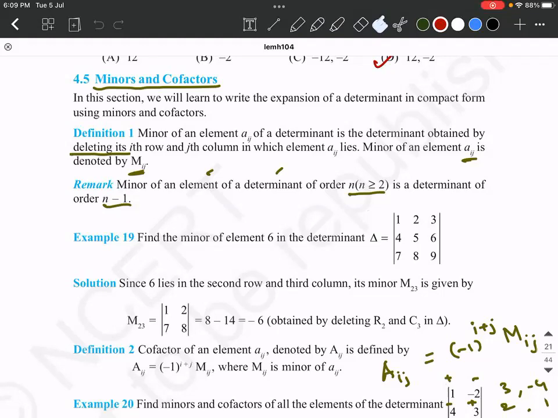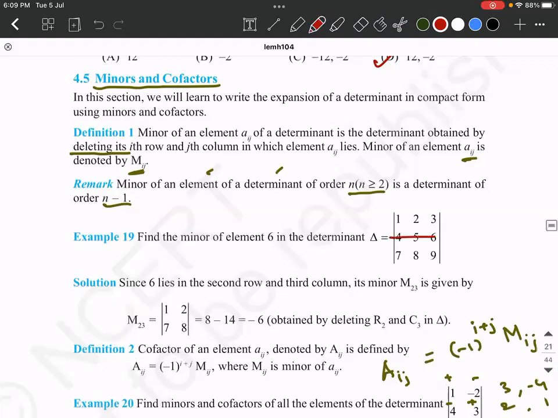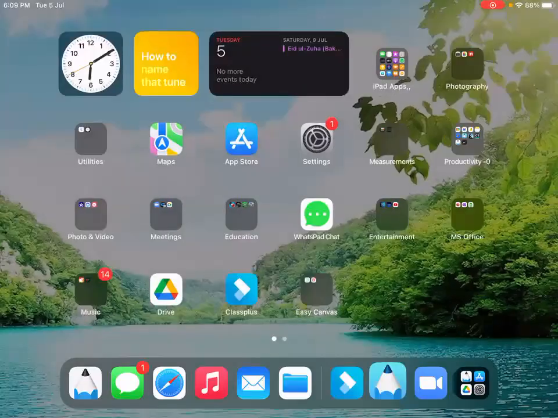So in this case, what will be the minor? This is cut and this is cut. You will be left with 1, 2, 7, 8. For online guys, am I audible?